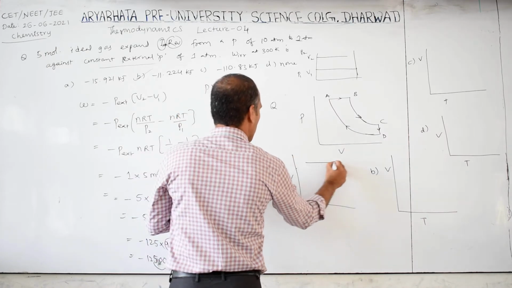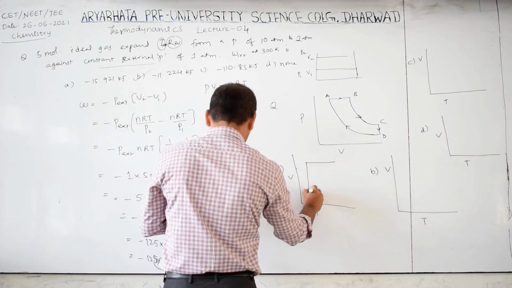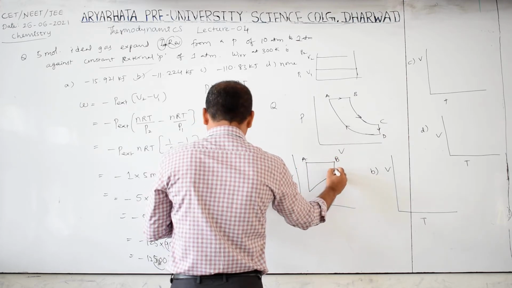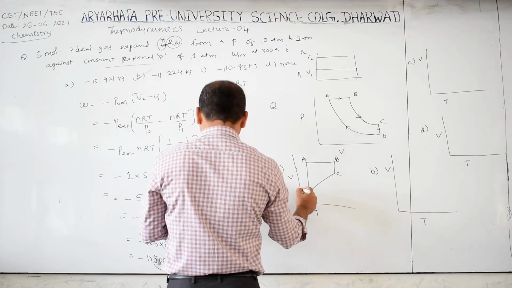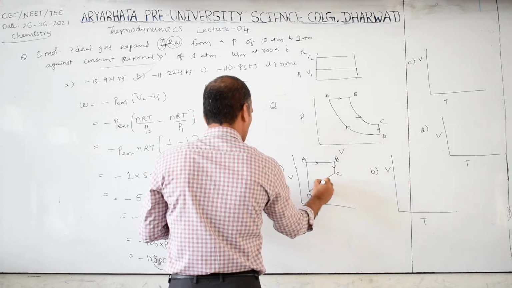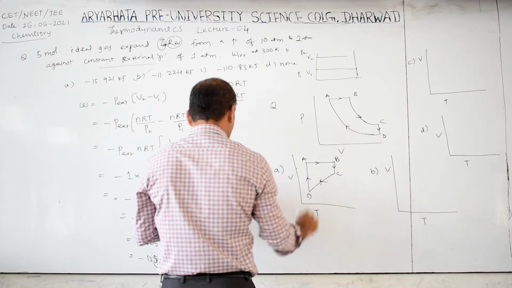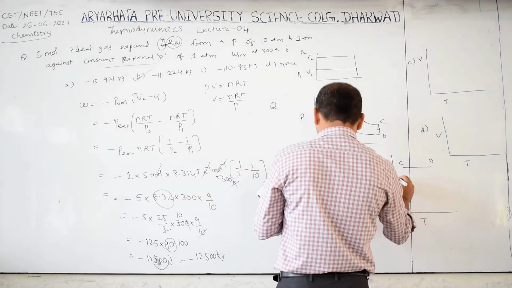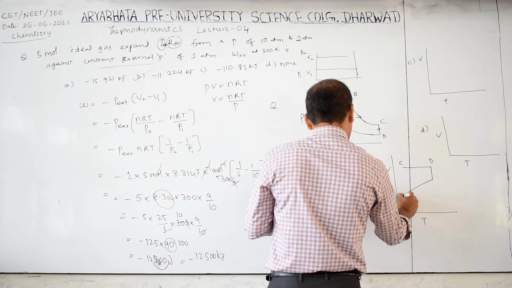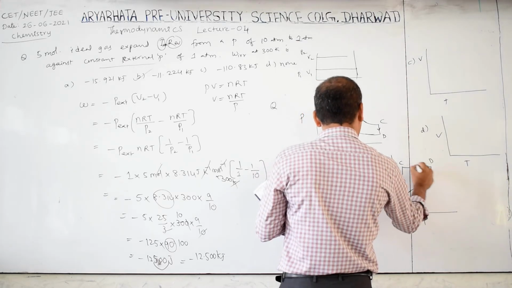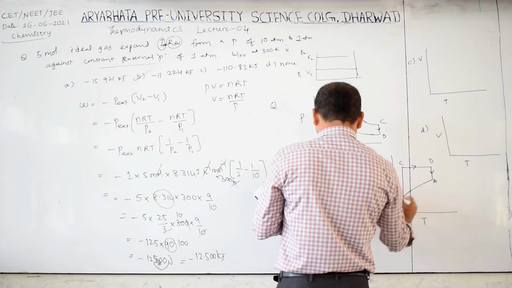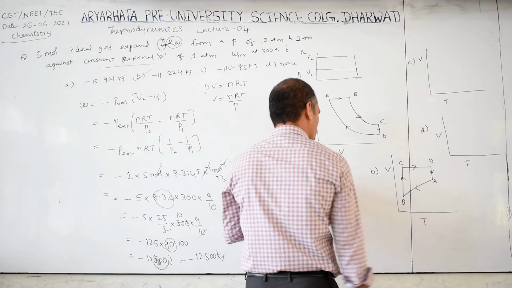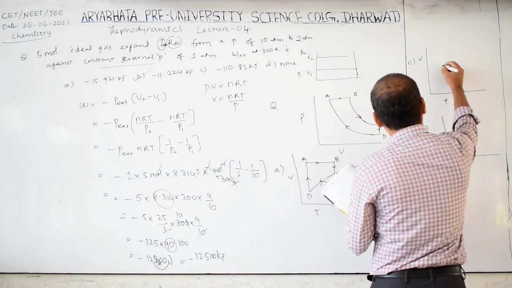Now this is A, B, C, D. This is clockwise. Next in VT, here C, D, here A, then this is CD, A, B, C, D. The arrow mark is also important here.